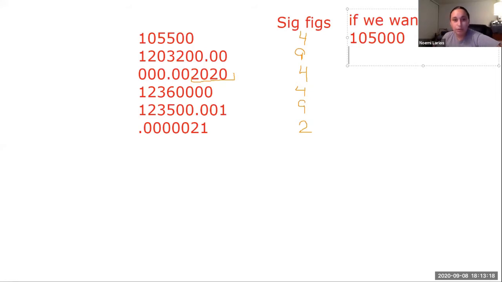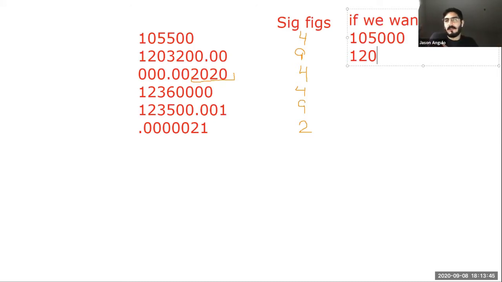The next number, 1203. You said 1, 2, 0, and 3. The rest is just zeros, isn't it?